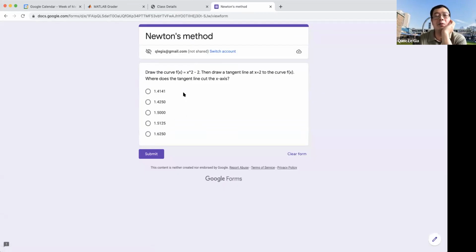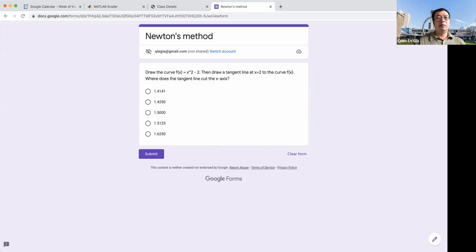There's a simple question. Suppose you draw the curve x squared minus 2. Then you draw a tangent line to the curve at a point, and find where the tangent line cuts the x-axis. There are a few choices here. Can you draw the curve, or do some calculation and see what value you get?